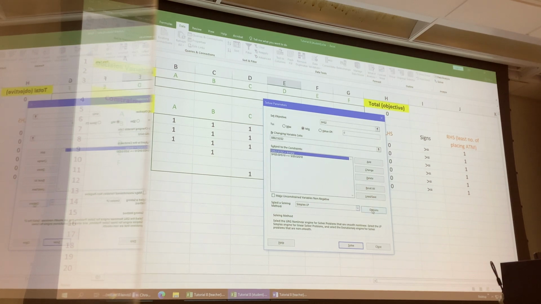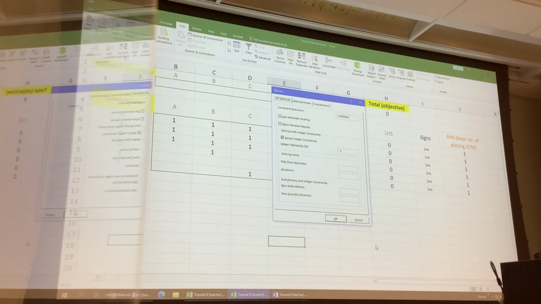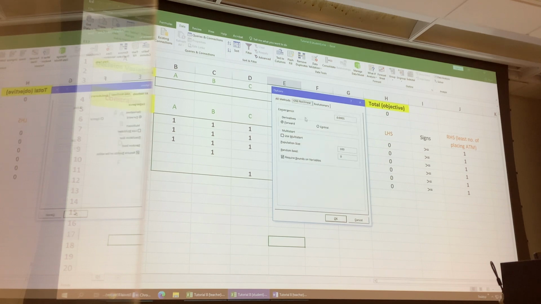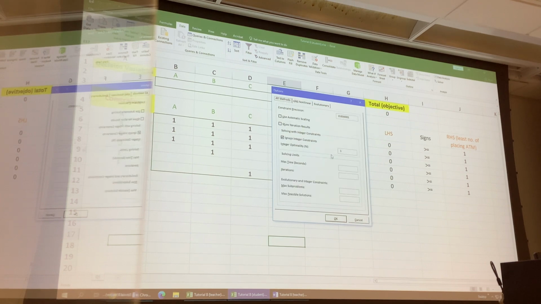And remember that for the lecture, we have to choose the options, right? And then choose the GRG. Yes, the all method options, all method. And then here you have the integer optimality.